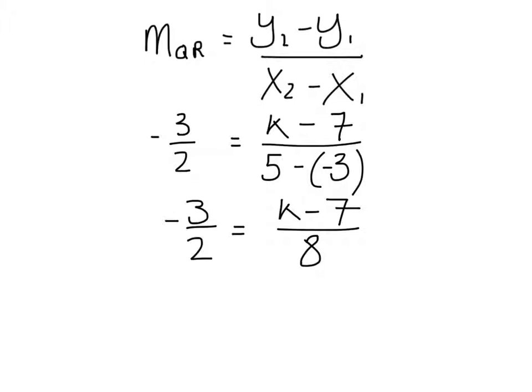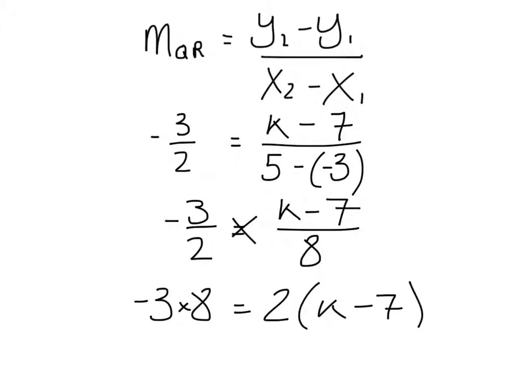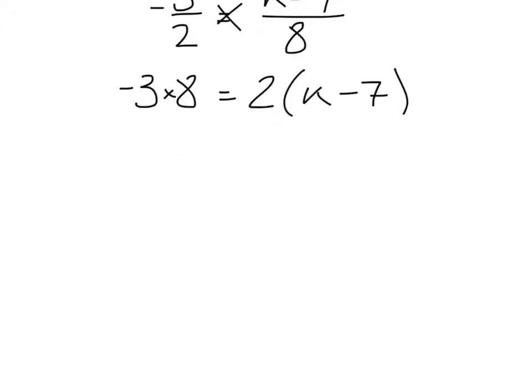To get rid of the fractions, we can simply cross multiply here, which gives us minus 3 times 8 equals 2 times k minus 7. Minus 3 times 8 is negative 24. 2 times k is 2k, and 2 times negative 7 is negative 14.